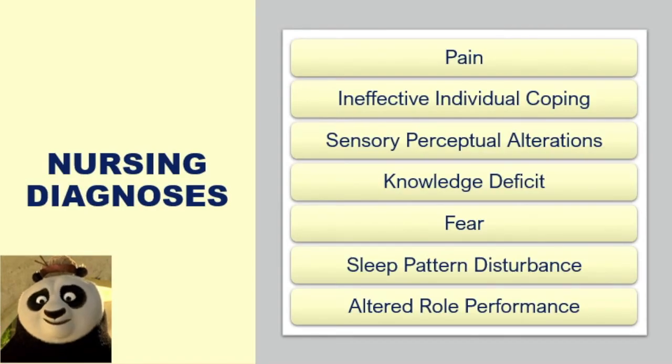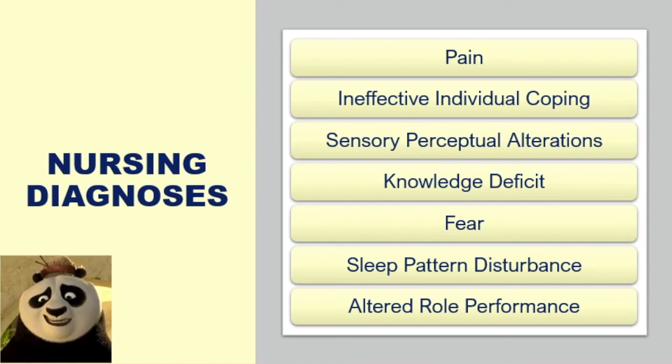Then, here are the nursing diagnoses that our patient may have. Your patient may be diagnosed with acute pain, or chronic pain for that matter, related to the inflammatory processes inside the cranial cavity. Then you have ineffective individual coping related to the pain experienced by the patient. Third, you have sensory perceptual alterations because of the vertigo that the patient may experience.